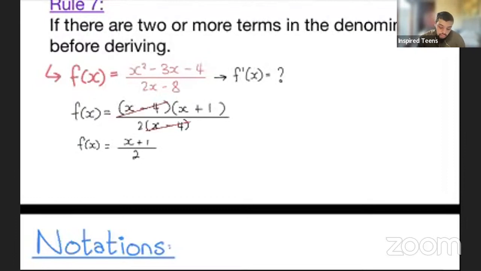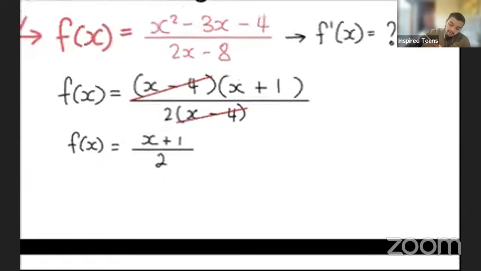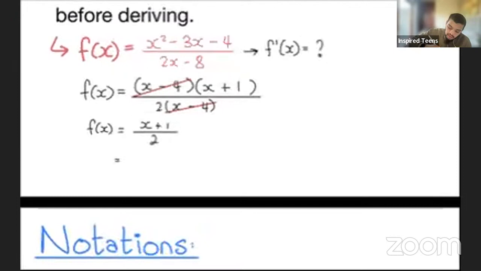Now I am in rule number 6 again, where I have multiple terms in the numerator and a single term in the denominator. I can split it. So I can write this as x over 2 plus 1 over 2, which is essentially 1 over 2 x, if you want to write it.